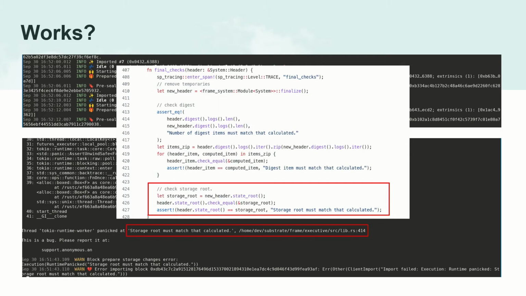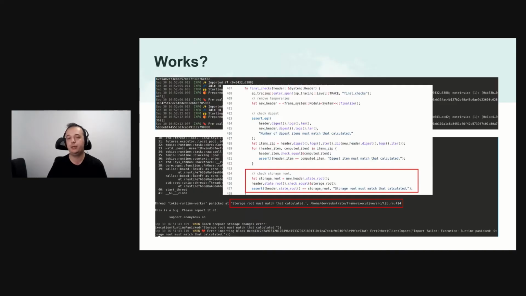One is for the scenario when you are building the block, and the other is for the scenario where you are importing the block, when you just received it from the network. We already made changes to the block builder pipeline. Now we need to adjust the block import pipeline in a proper way to have a matching storage state after the whole block was executed.